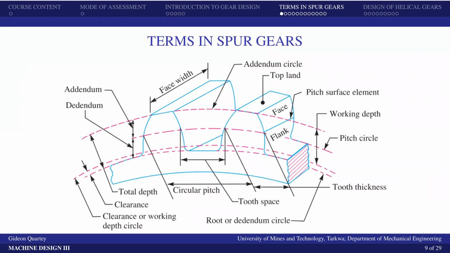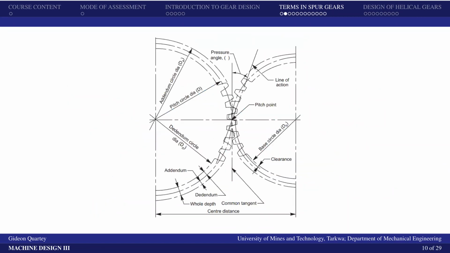So if we go back to this diagram, we can identify the circular pitch from here. Okay, that's the circular pitch. So the distance from this pitch point here to the pitch point over here is called the circular pitch.